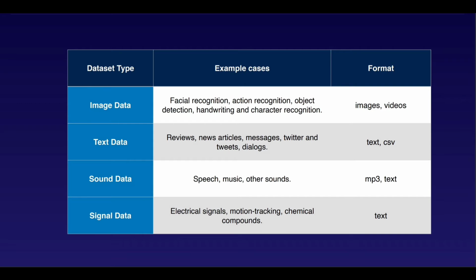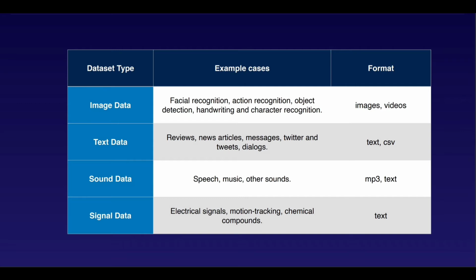And the format that image data comes in is usually images or video. We also have text data, and some example cases are reviews or news articles, messages, Twitter and tweets, and dialogues between two people. And the format, as you can see, would be text or CSV.